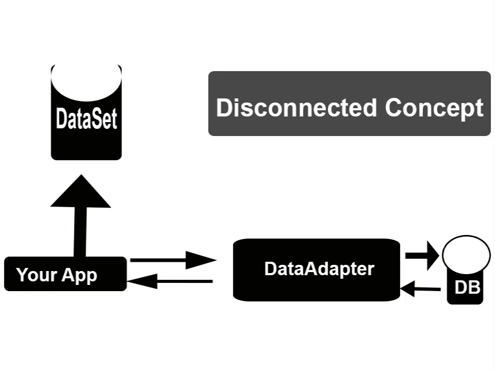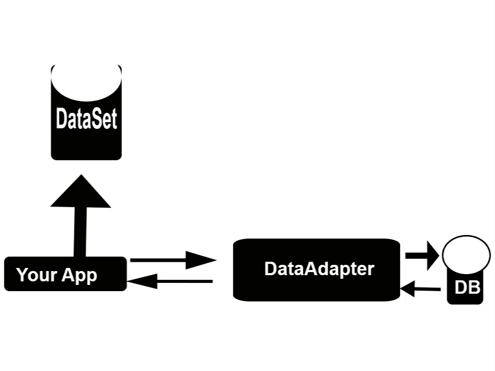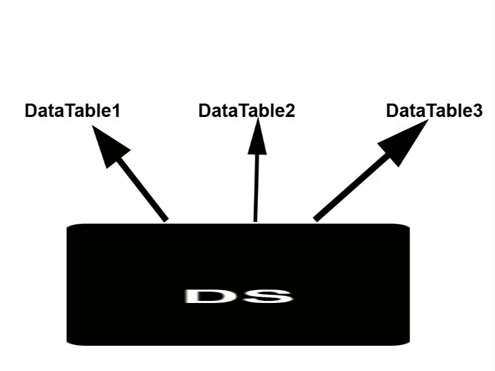After it has selected all the data it needs from the tables of that database, it disconnects. The connection to that database is closed. Then, after the connection is closed, any subsequent changes and requests to the data will be made to the in-memory data, which is the representation of the external database.